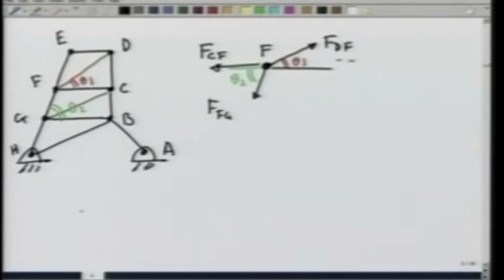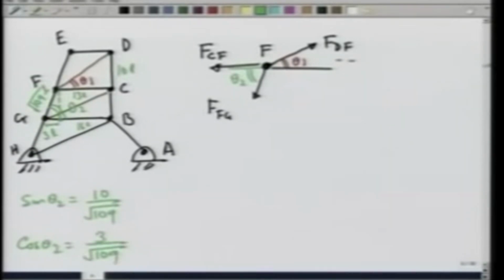To calculate sine and cosine of theta 2, let me just drop a perpendicular from here. Recall that this is 10L, this line is 13L, this is 16L. So, therefore, this portion is going to be 3L, and this length FC is going to be square root of 109 L, and therefore, I can write sine of theta 2 is going to be 10 over the square root of 109, cosine of theta 2 is going to be 3 over square root of 109.